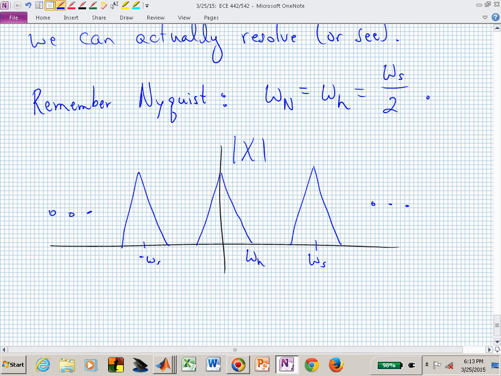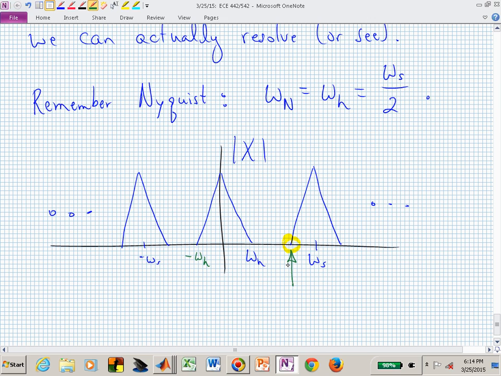And in order for these higher frequencies not to be reflected back and look like frequencies between 0 and omega sub h, we need omega sub h to be away from that particular point. And what is that point? This point is minus omega sub h.